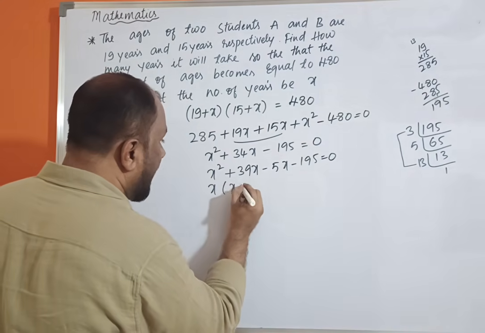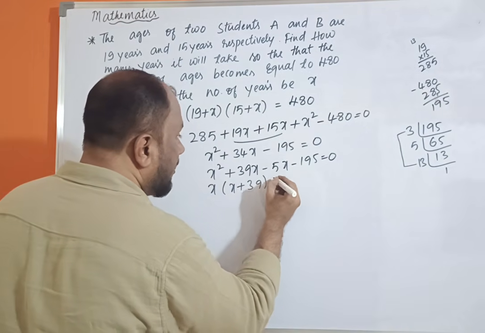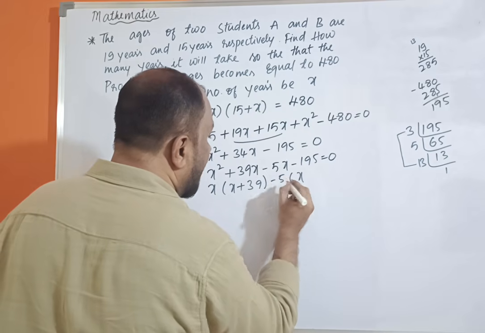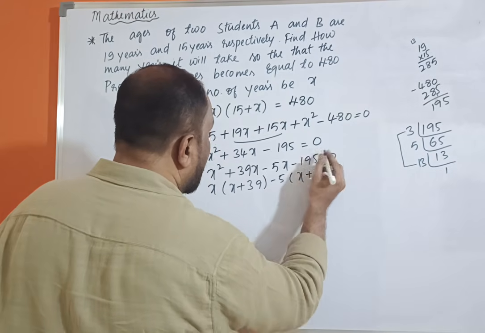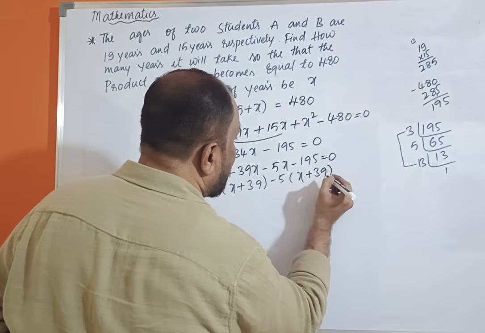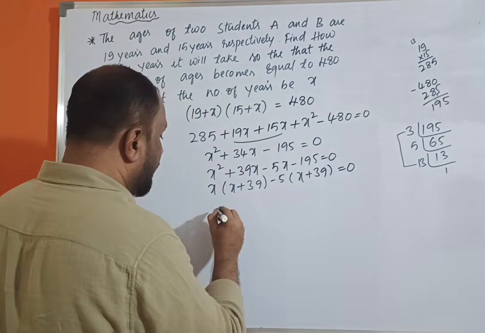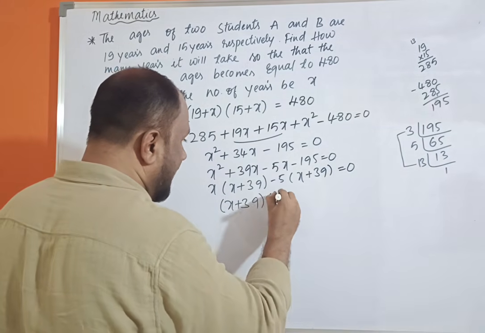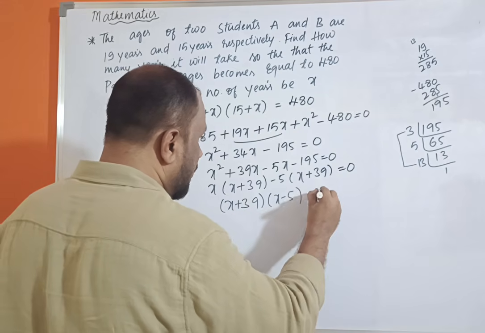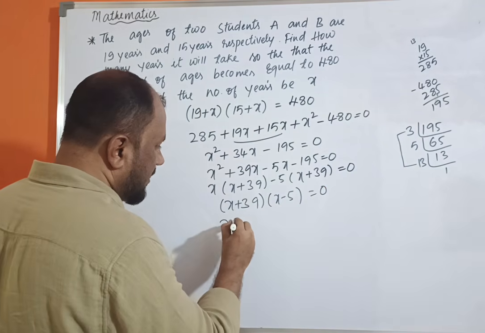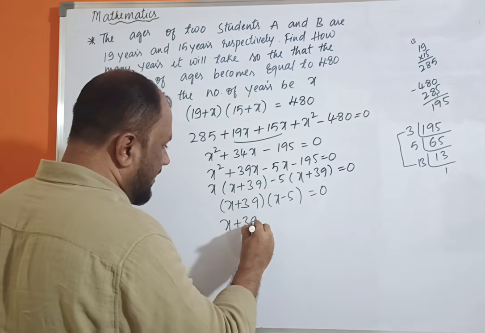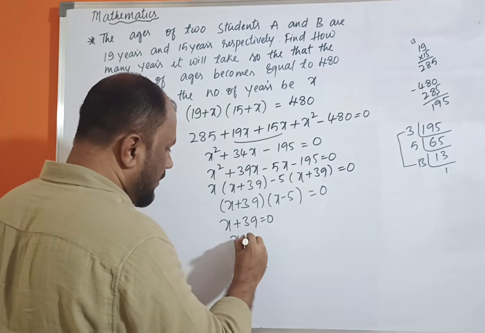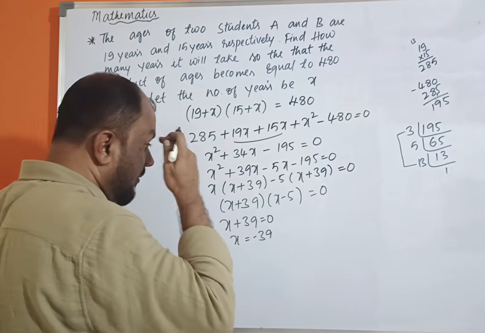x common, x plus 39; minus 5 common, x, minus into minus plus, 5 39s are 195, is equal to 0. So x plus 39 into x minus 5 is equal to 0. x plus 39 is equal to 0, x is equal to minus 39.